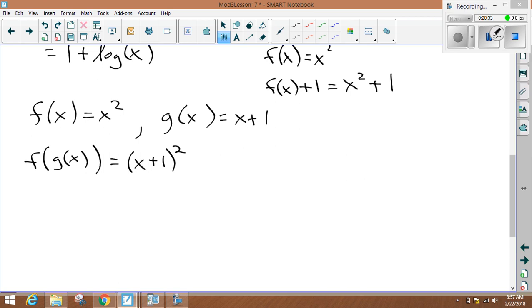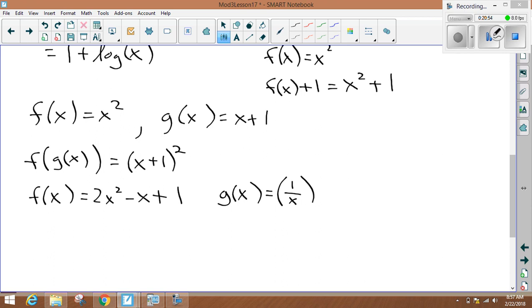So if f of x is equal to 2x squared minus x plus 1, and g of x is 1 over x. Oh, I don't want to put in this. So something a little more complicated.